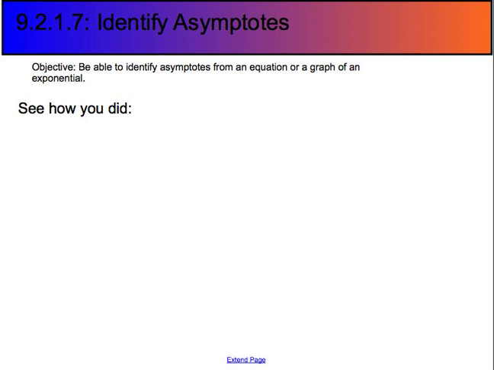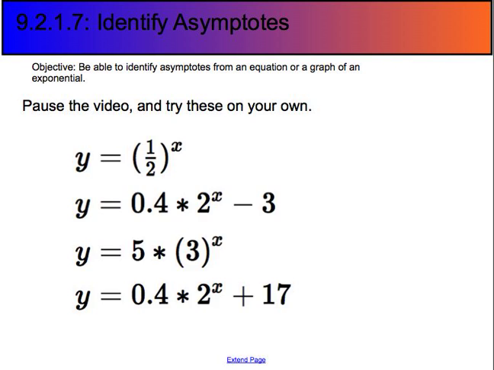For the first one, going back, looking at it, it says y equals 1/2 to the power of x. So there's no a value, or the a value is 1, so it's normal. It multiplies by 1/2 every time, which means it cuts in half every time. And there's no k value out here. Well, what could I put out here and not change the equation at all?